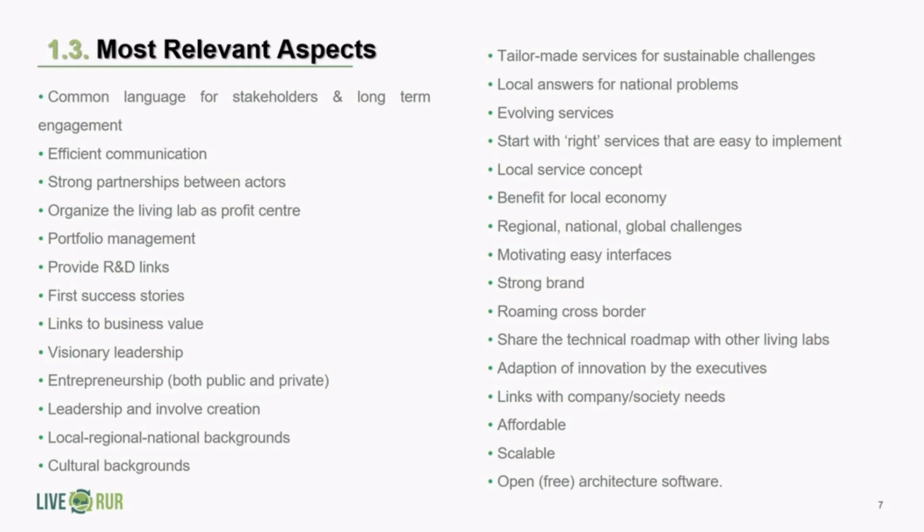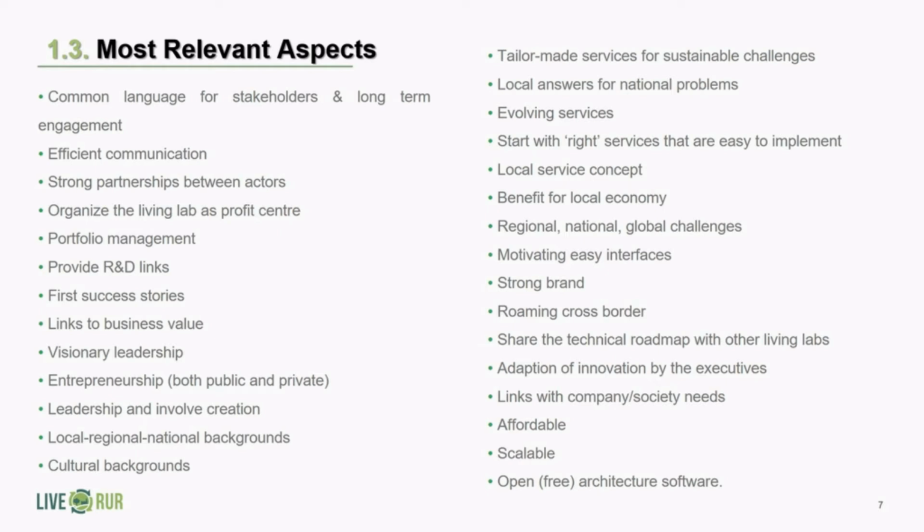There are many relevant aspects to consider carefully in this analysis. However, you should never forget that each living lab has its own particularities, and maybe some of these aspects are not that important in your case, while others are critical.